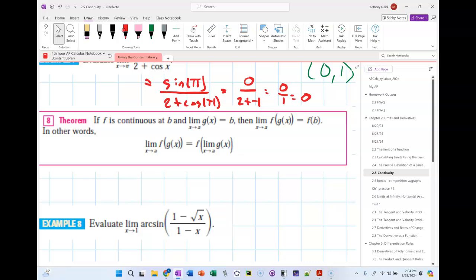In order to push the limit inside the function, f has to be continuous at the limit of its input, right? So if I have the limit of the inside as 3, and f is not continuous at 3, I cannot use this.